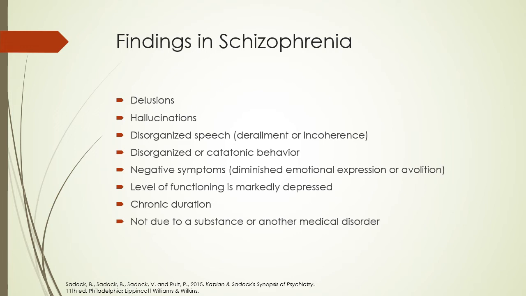These four, delusions, hallucinations, disorganized speech, and disorganized behavior, are the positive symptoms of psychosis or schizophrenia. We also have negative symptoms of schizophrenia, and these include diminished emotional expression or avolition. So the level of functioning is markedly depressed, and this should affect the person's life, so daily life.